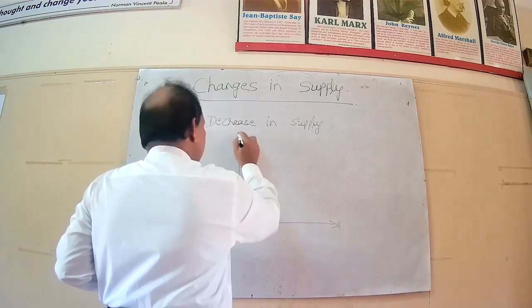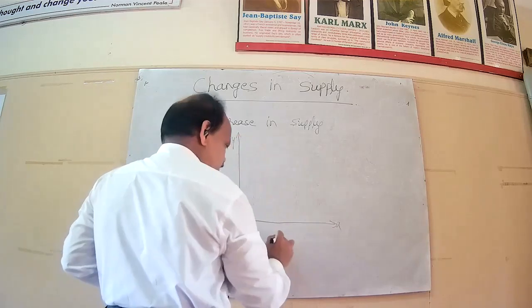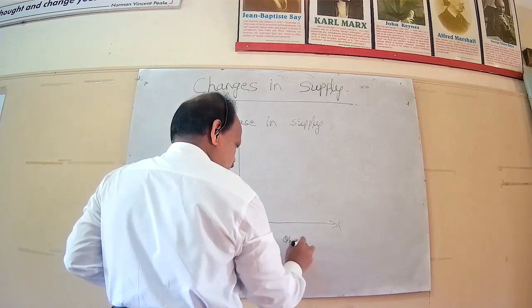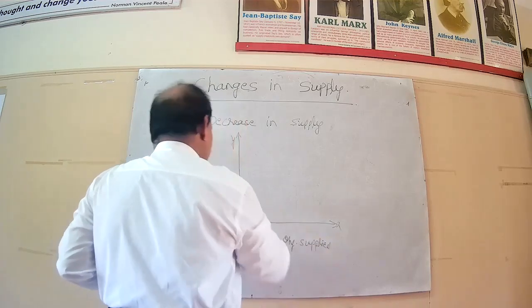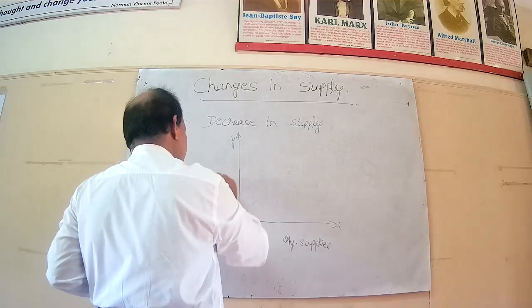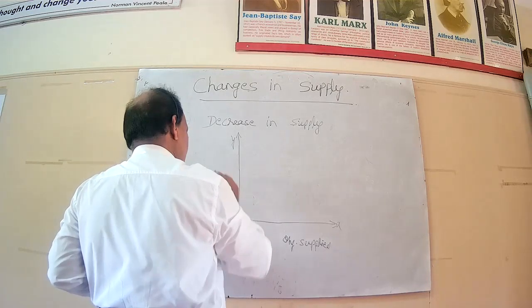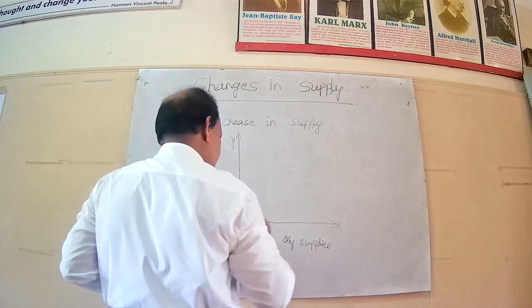This can be analyzed with the help of this diagram. Quantity supplied and price on the y-axis.